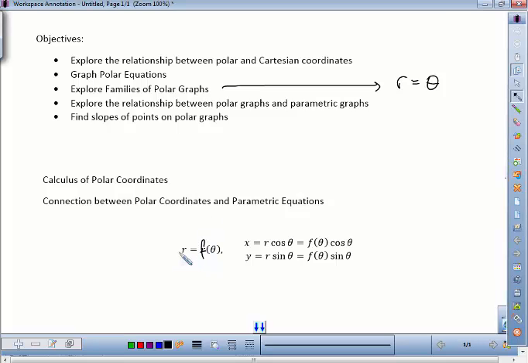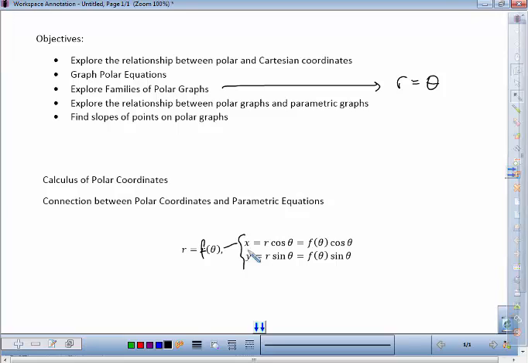If you have a polar coordinate function, r equal to some function of theta, then if you revert back to the relationship between polar and Cartesian coordinates, where x is equal to r cosine theta and y is equal to r sine theta, we can break this up into the pair of equations that would make up a parametric equation.